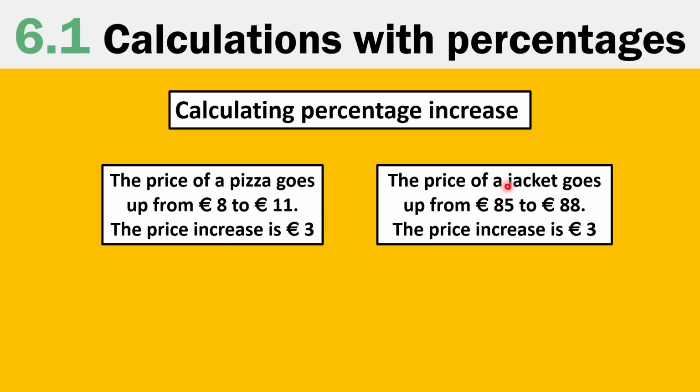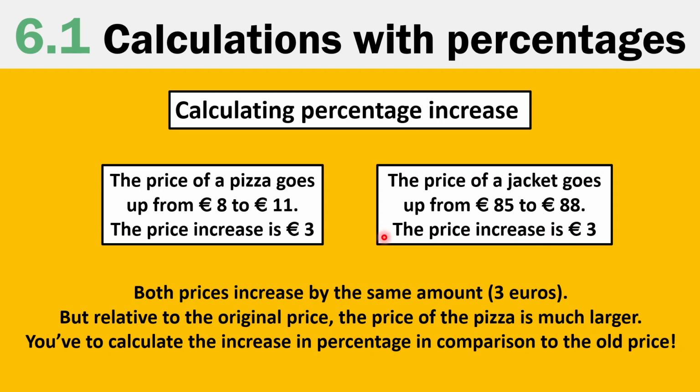And if the price of a jacket goes up from 85 to 88, then the price increase is also 3 euros. But maybe you agree with me that although they both have the same increase, relative to the original price, this is a lot larger of an increase: 3 euros on a price of 8 euros, or 3 euros on an original price of 85 euros. And that's what we're going to take a look at now.